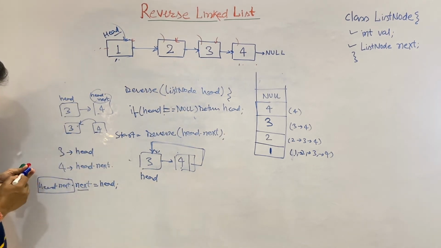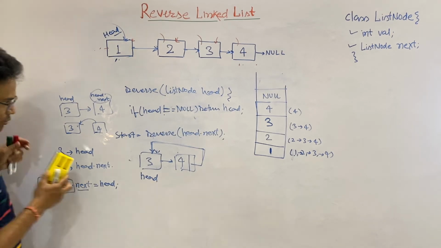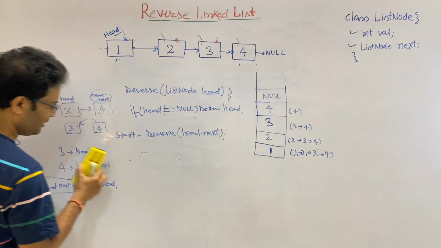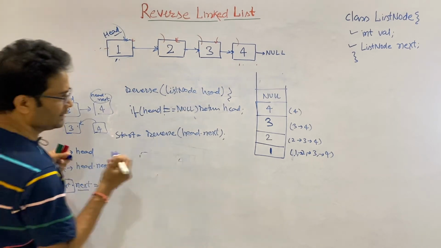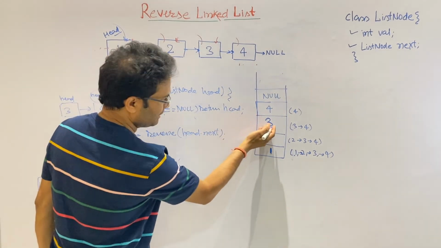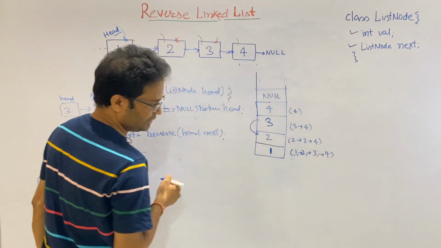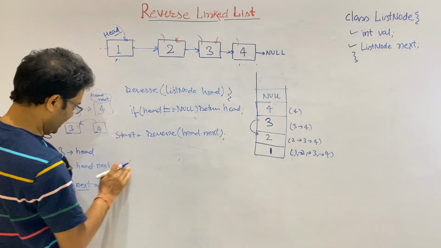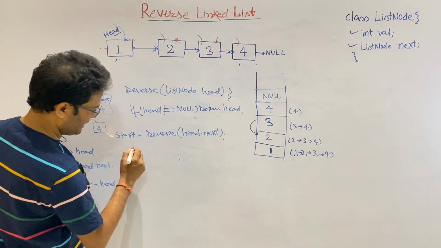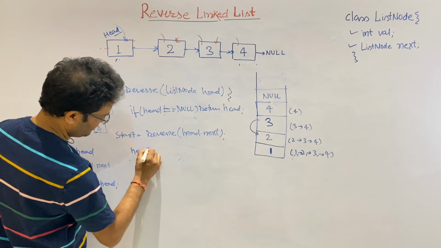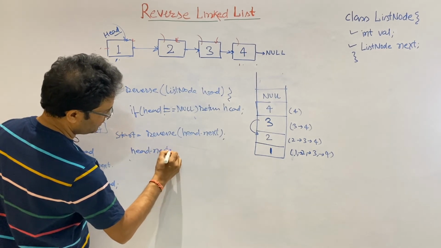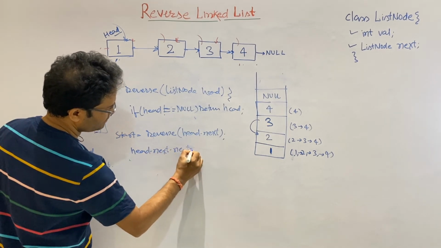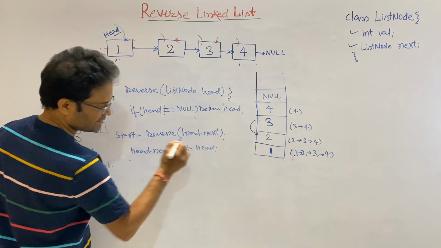This is the important part of this code. Whenever it returns from 4 to 3, by that time I would have done this part. What is that part? Head dot next is equal to head.